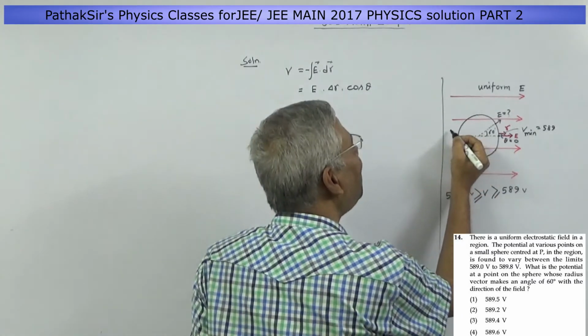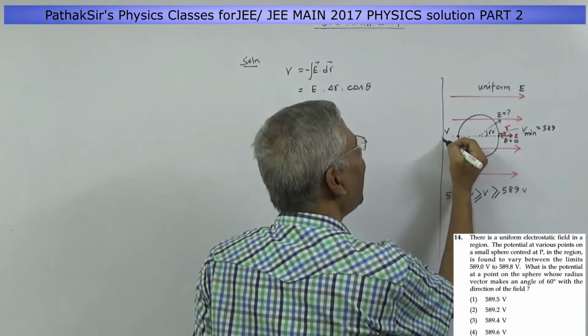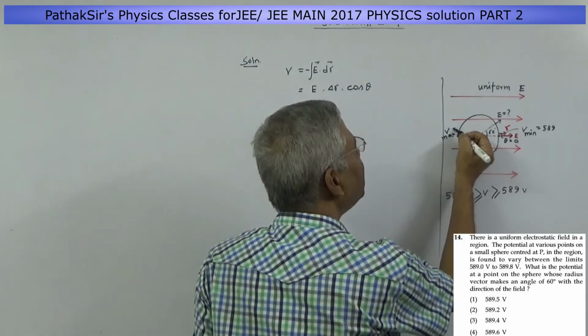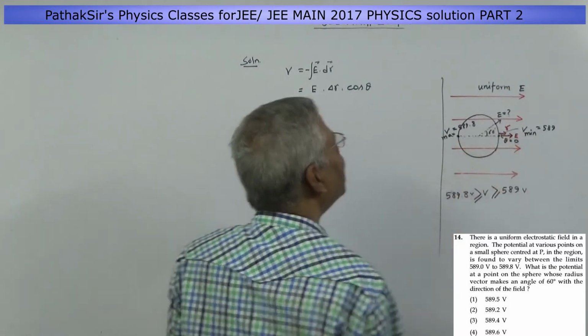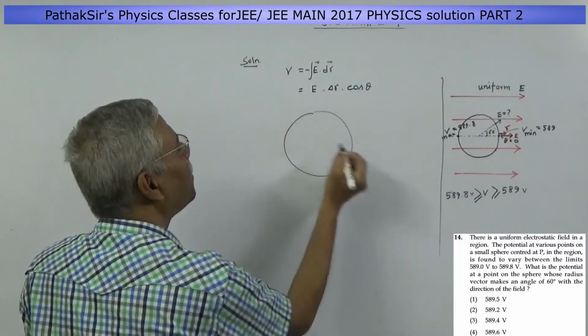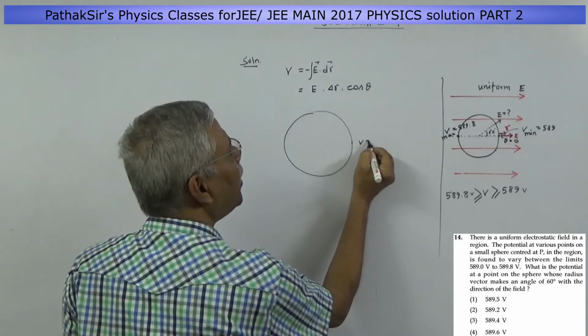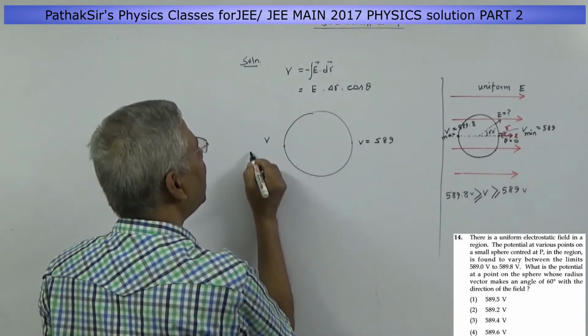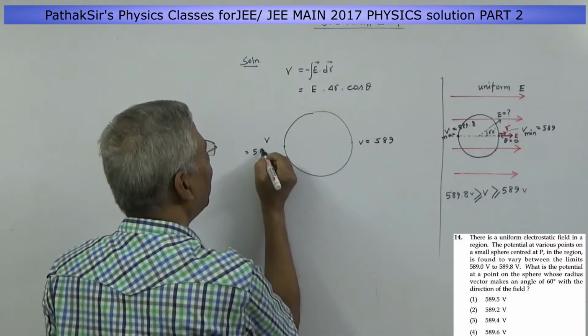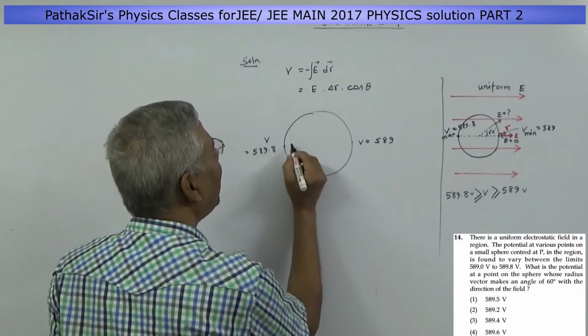Here it is maximum potential, V max, equal to 589.8. Potential at this point is 589 and at this point 589.8.